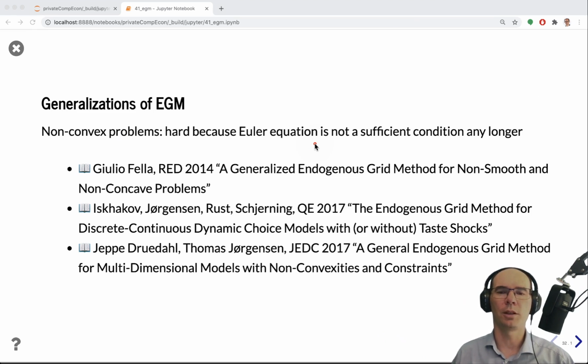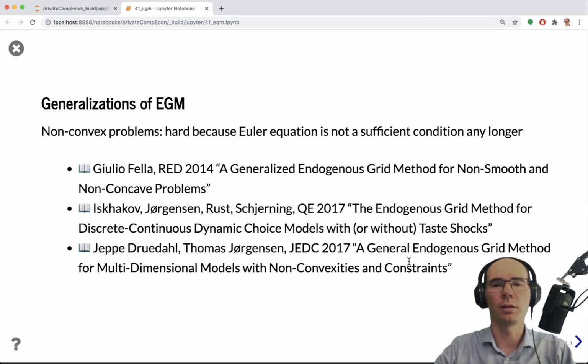But now you have to worry about the additional solutions which are not optimal in the sense of the dynamic optimization. And so there are several papers here by Julia Fella, and we and co-authors contributed to this as well. And then Jeppe and Thomas had written what's probably the most general generalization of EGM to multiple dimensions, occasionally binding constraints, and non-convexities. But it is computationally intensive.